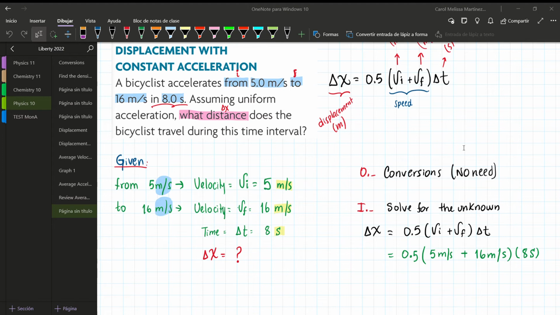I'm going to solve first what I have here in the parentheses. So I have delta x equal to 0.5. 5 and 16 makes 21 meters per second, multiplying 8 seconds. How much is this in total?